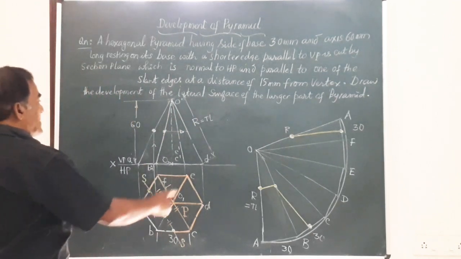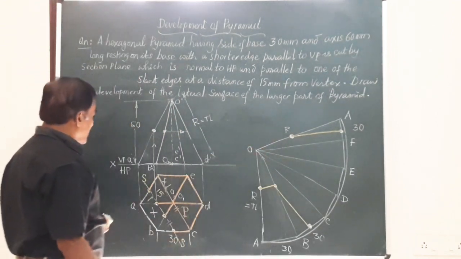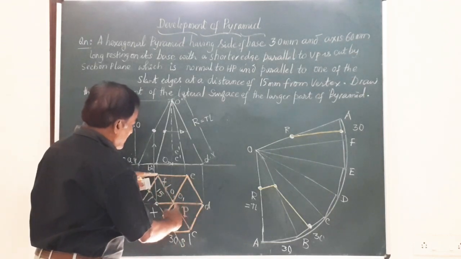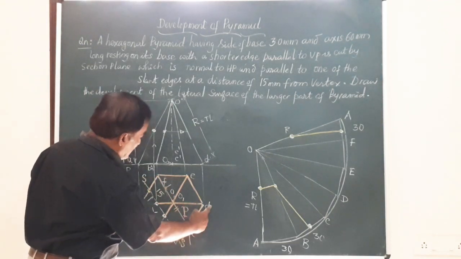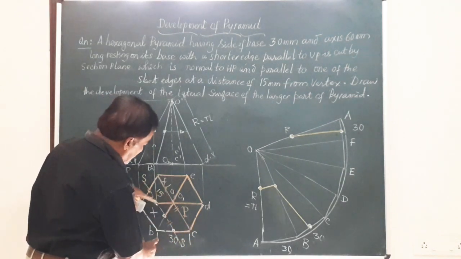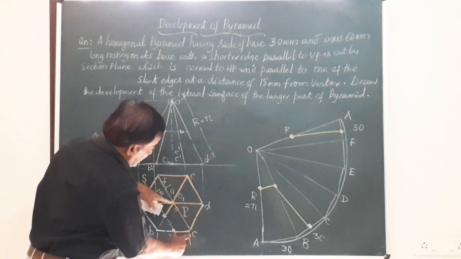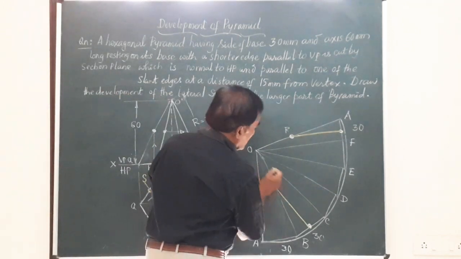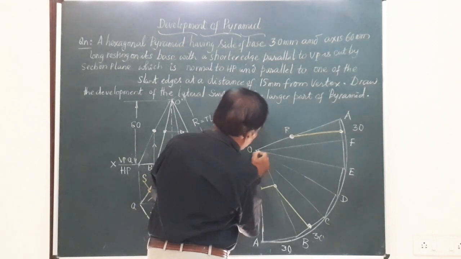Now before I join here, tell you friends, the base edges EF, ED, CB are all intact. Or before that, if you start from the vertex, the slant edges OC, OD, OE, OF. OC, this is OC.